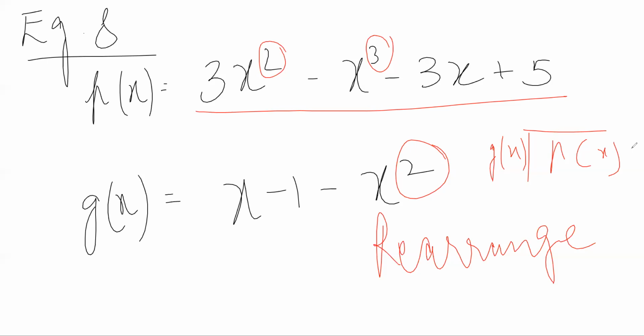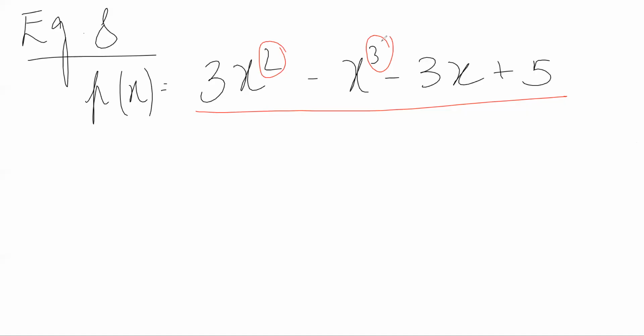So now we can rearrange this. The new P of X will be, first, what is the highest power? What is the degree of P of X? It's 3. It's a cubic polynomial. Therefore, first you start with the highest degree, minus x cube.